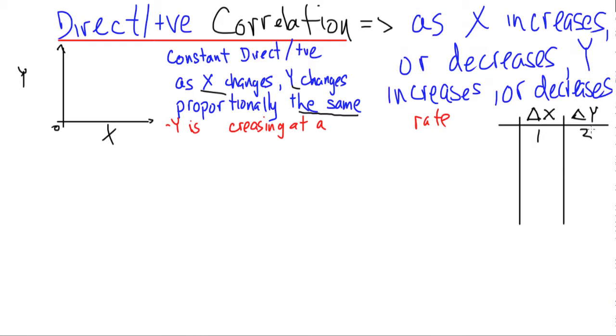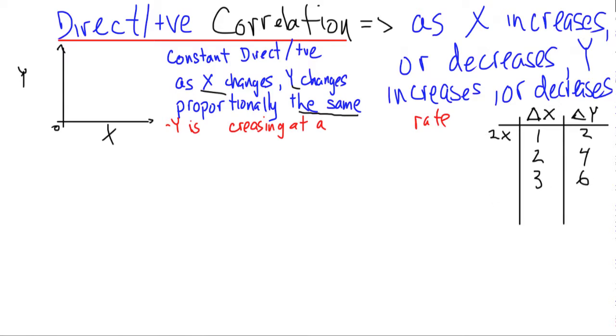What's the amount that y changes with respect to x? It's 2 times. So if y is always changing proportionally the same amount, when x changes by 2, y will change by 4. And when x changes by 3, y will change by 6.